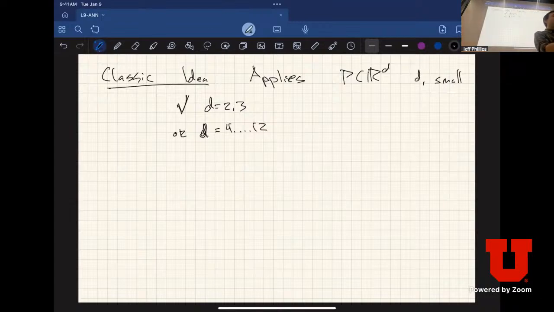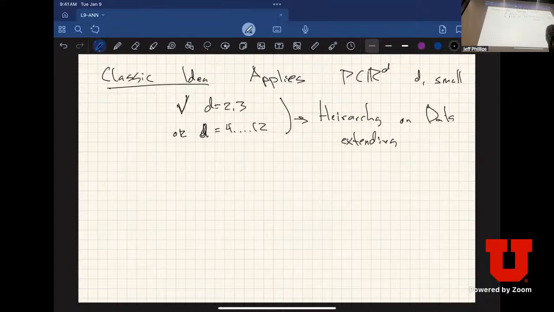Okay. So the basic idea here is to build a hierarchy on the data, extending the binary tree idea.